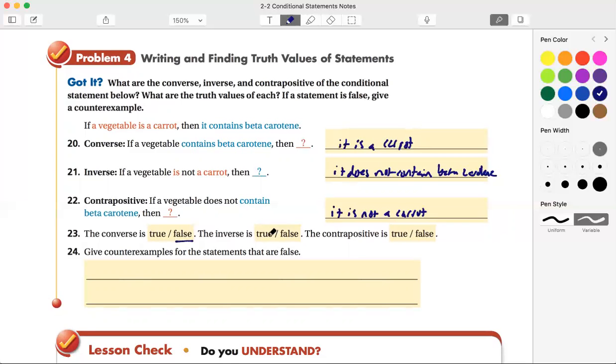The inverse is false. The contrapositive is true. So let's give a counterexample of the false ones. Here's one possibility: a sweet potato contains beta carotene, and it is not a carrot. So right there, sweet potato.